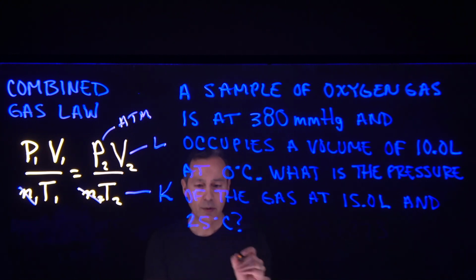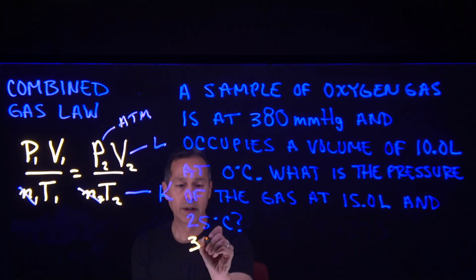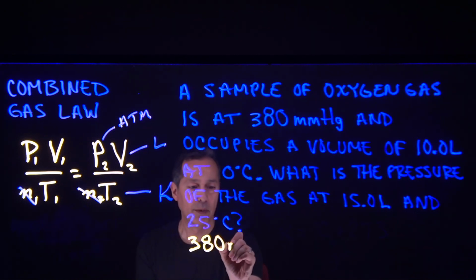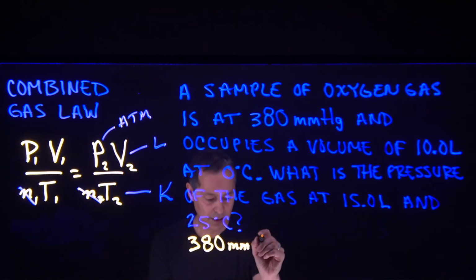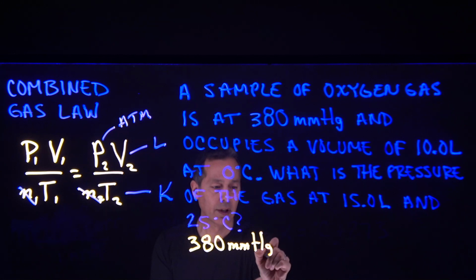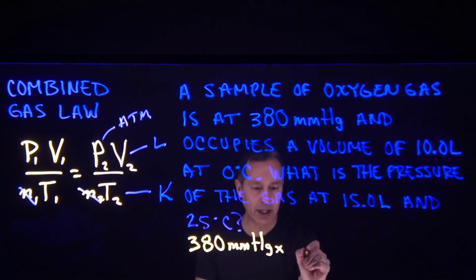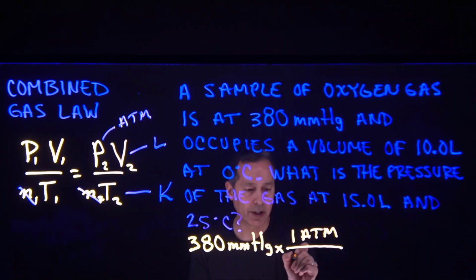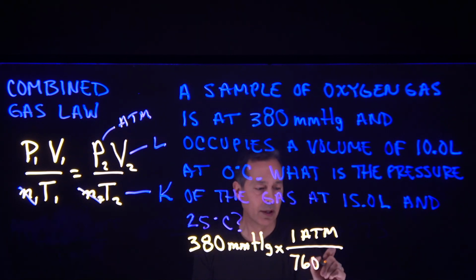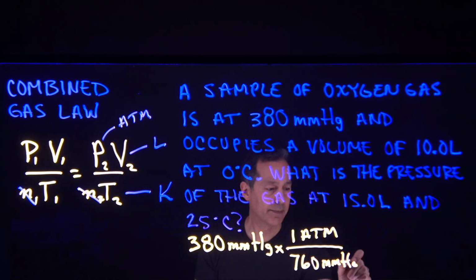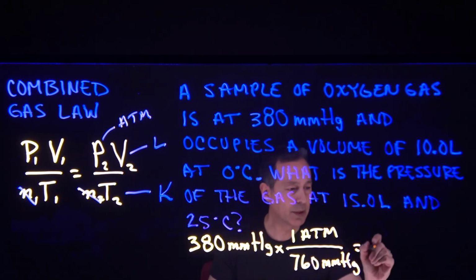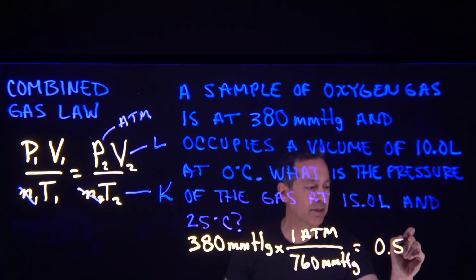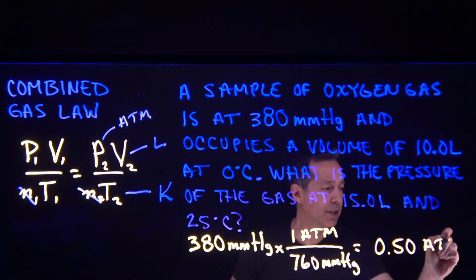I'll start out with 380 millimeters of mercury, and I will have to convert that. I know that there's 1 atmosphere per 760 millimeters mercury. So that gives me 0.50 atmospheres.